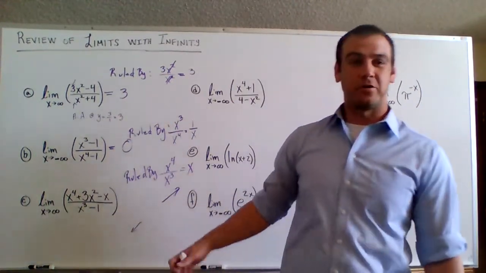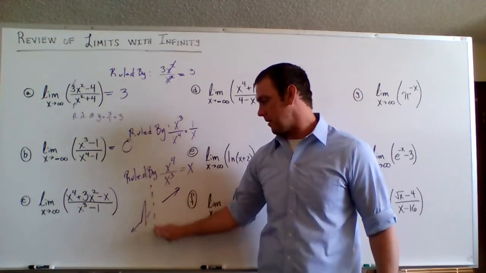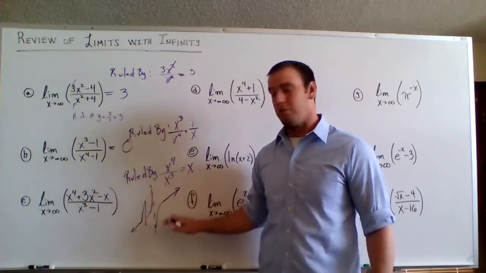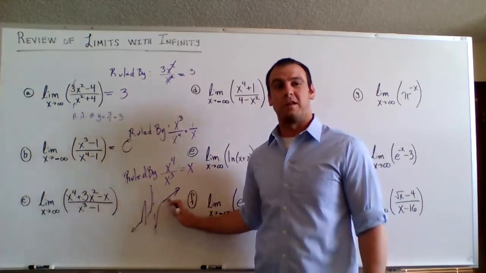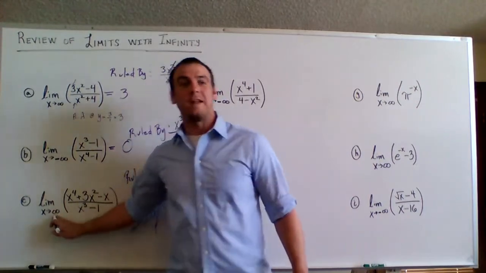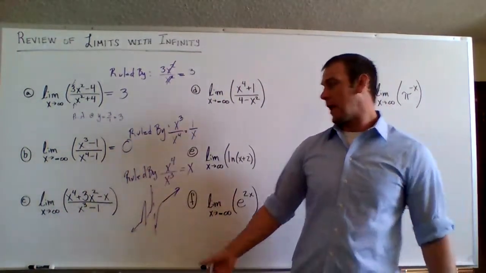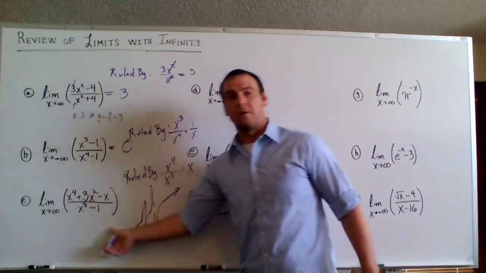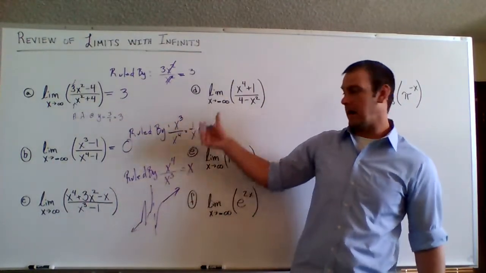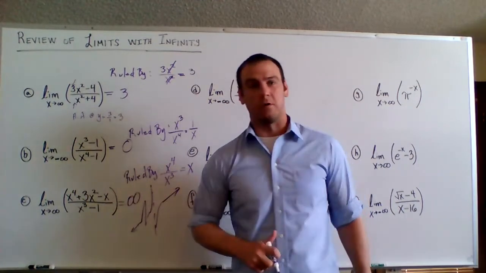That's essentially what's going to be happening on our graph. There's going to be lots of crazy stuff happening in here, maybe even an asymptote or two, but we don't really care about that. What we care about is our end behavior, specifically our right end behavior, because x is approaching infinity. So as x goes further and further to the right, y is getting higher and higher, so we're approaching infinity.